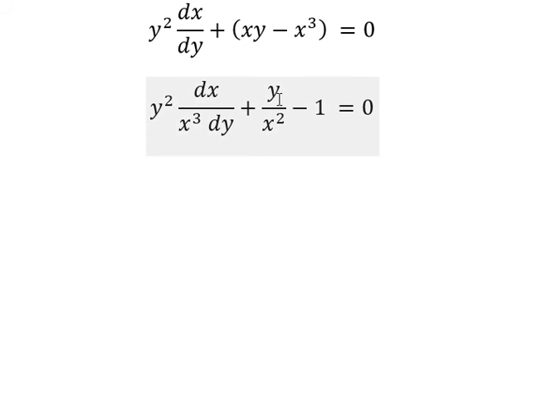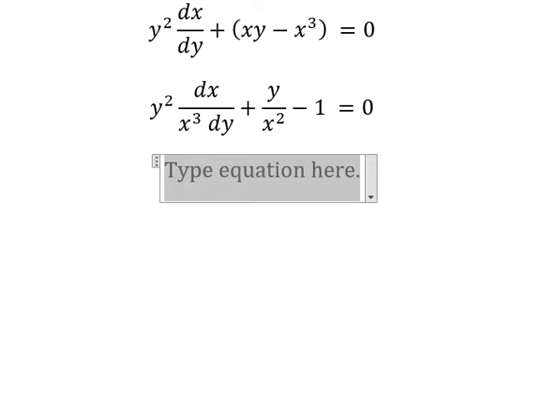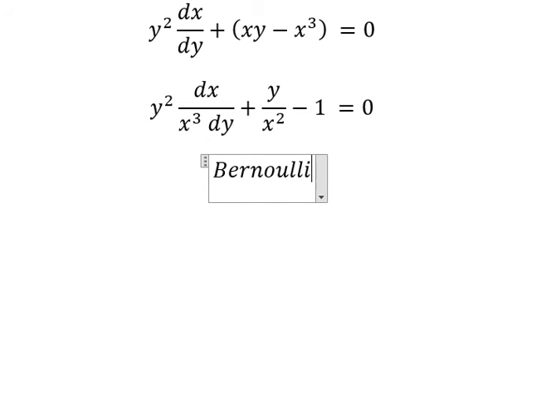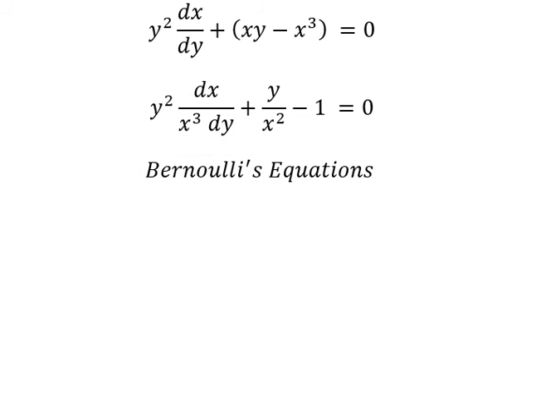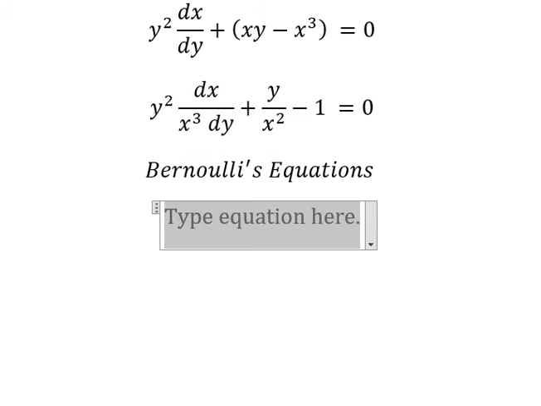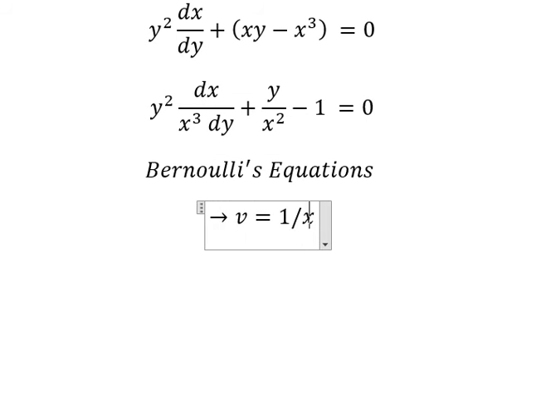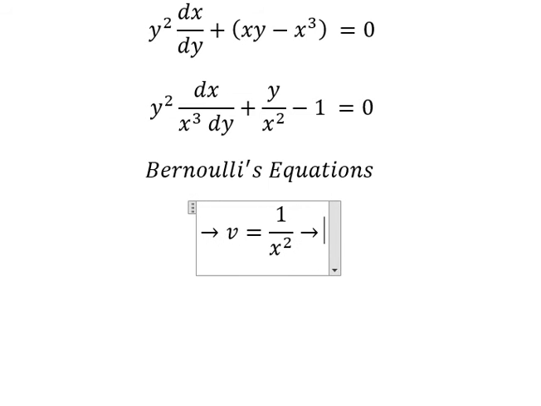So we see that we have 1 over y squared dx over y to the power of 3 dy. This is about Bernoulli's equations. So I will put v equal to 1 over y squared.